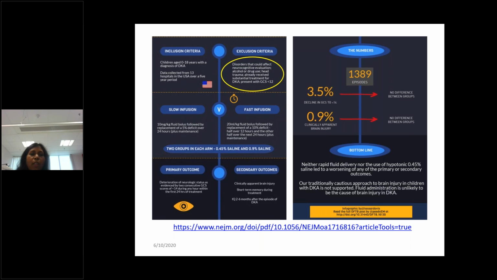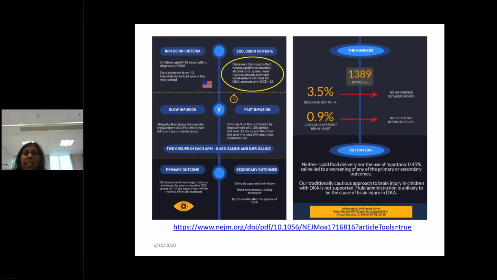So the primary outcome they looked at is 2 consecutive falls in GCS to less than 14 within the first 24 hours of treatment. And the secondary outcomes are any apparent brain injury or short-term memory problems during treatment, and also what their IQ levels are 2 to 6 months after DKA.